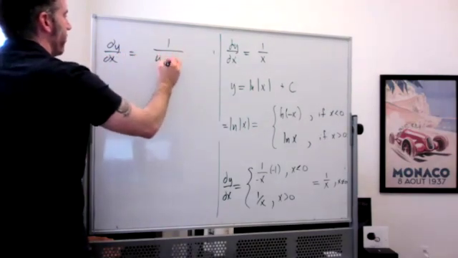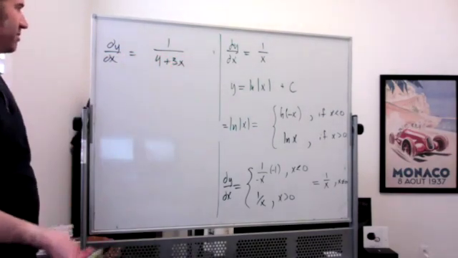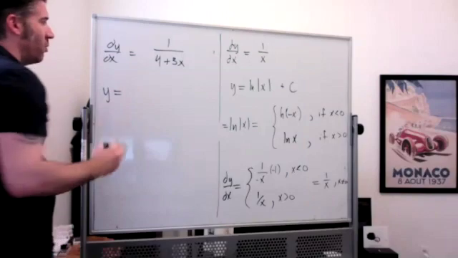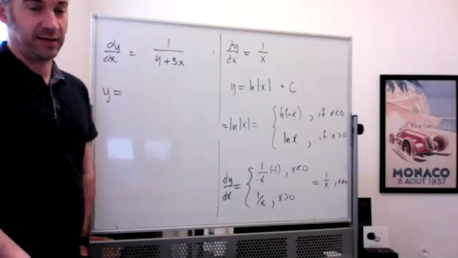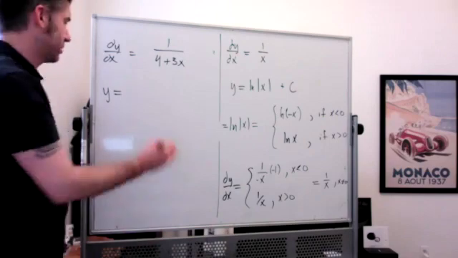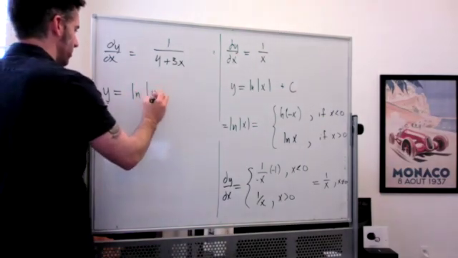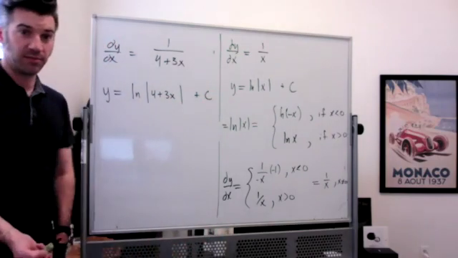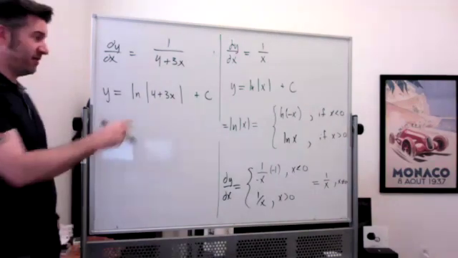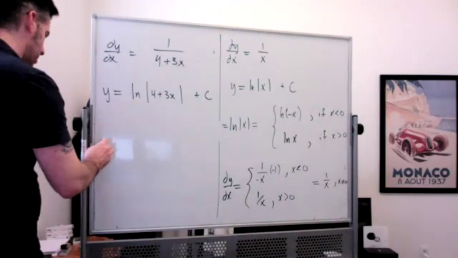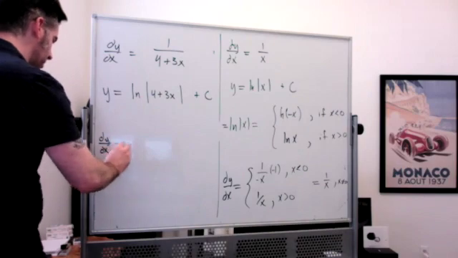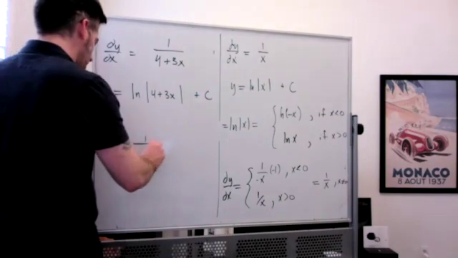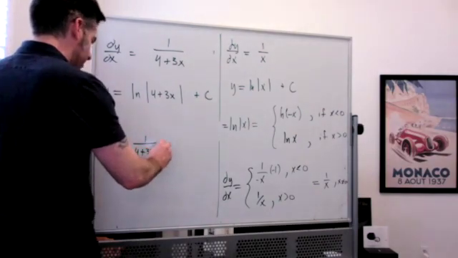So if I had, say, 1 over 4 plus 3x, that's my derivative. I want to find the antiderivative. Well, I'm pretty sure it's going to be kind of like the natural log of the absolute value of 4 plus 3x. But I'm missing something. And I know I'm missing something because if I take the derivative of this, the derivative of the natural log of some stuff is 1 over the stuff times what?